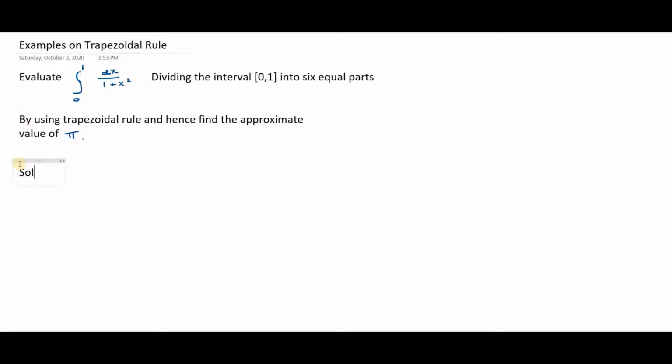Now write down the solution. So the given integral is from 0 to 1, which means here a is equal to 0 and b is equal to 1.